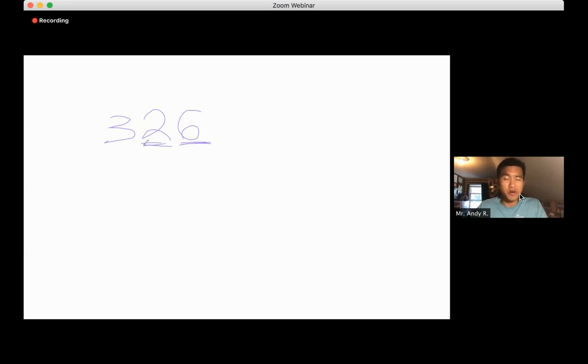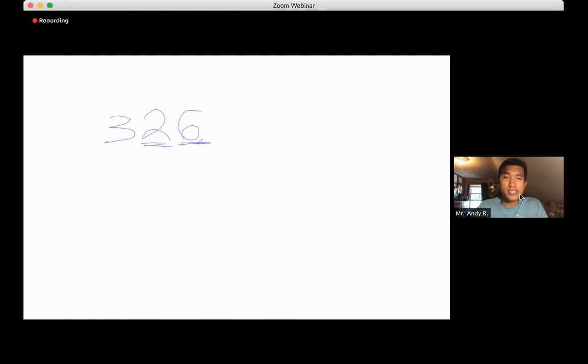They each have their own position, their own place in the number. So they are classified as place values, digits.